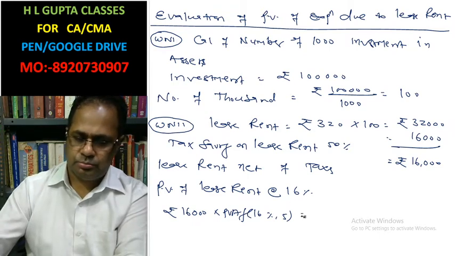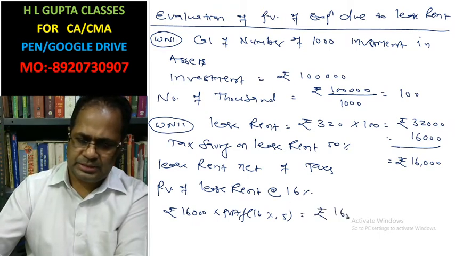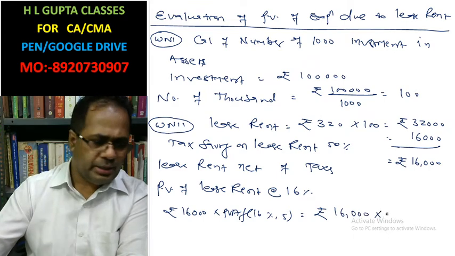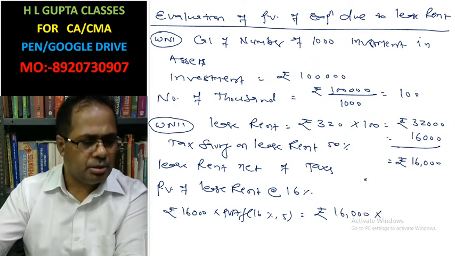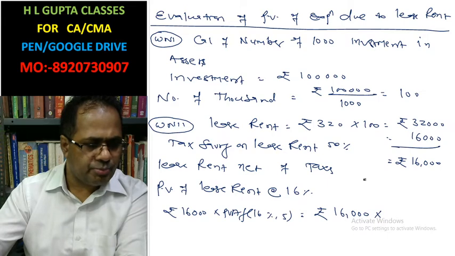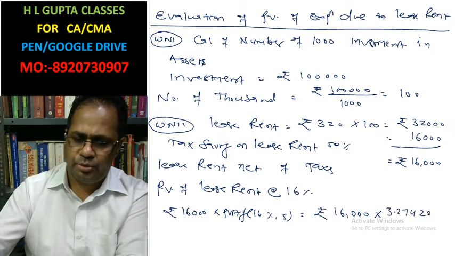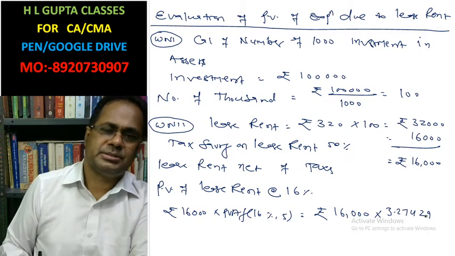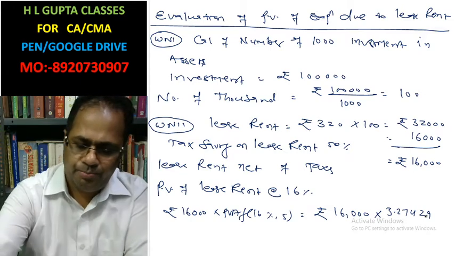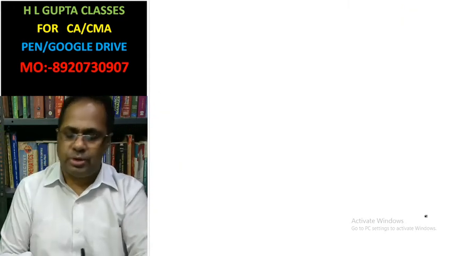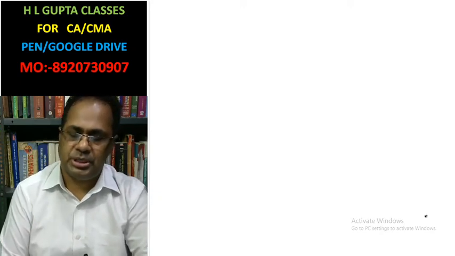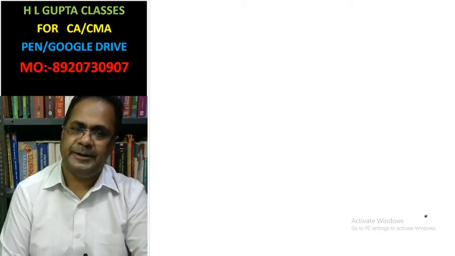Okay, rupees 16,000 into 3.27429, and this will become the answer. Now we have calculated the present value of expenditure due to lease rent.